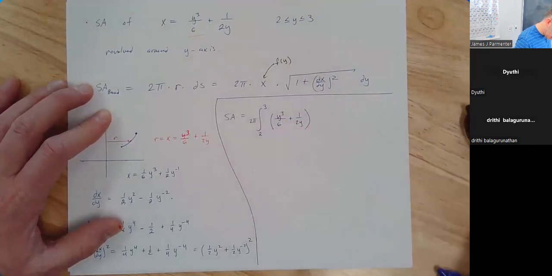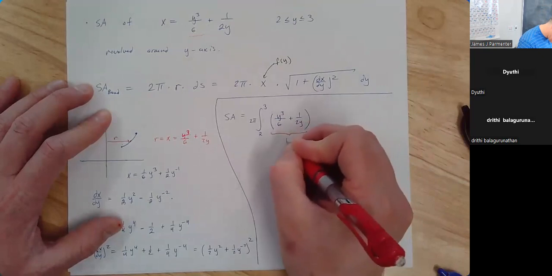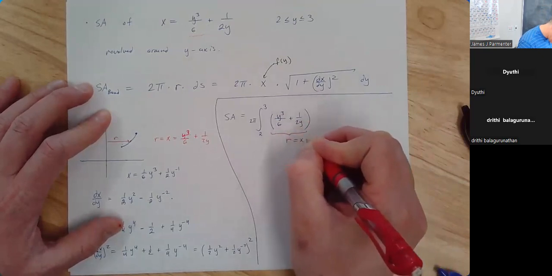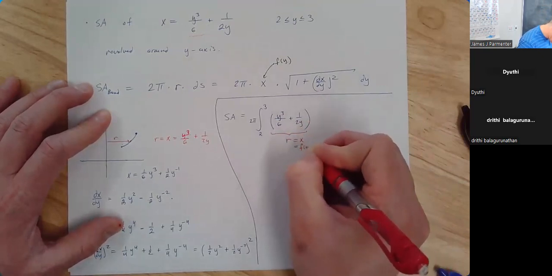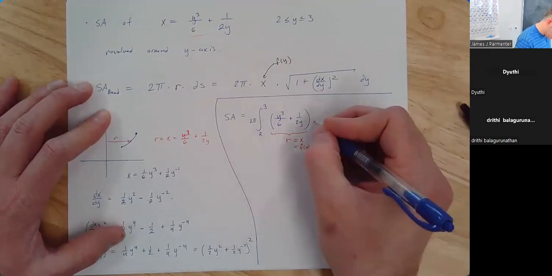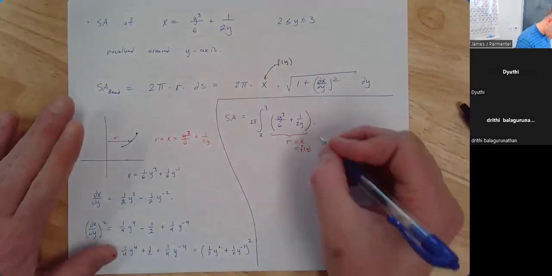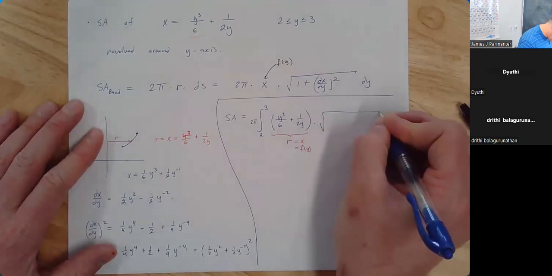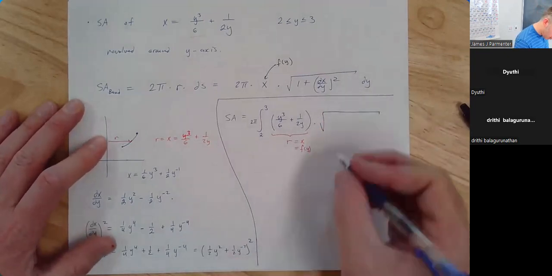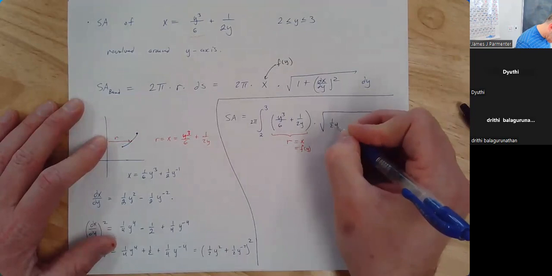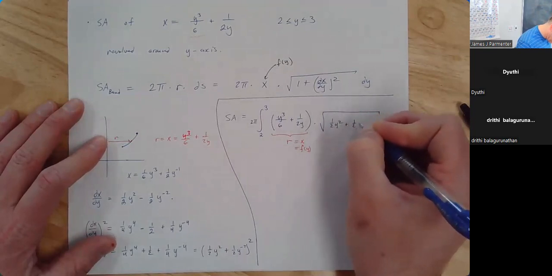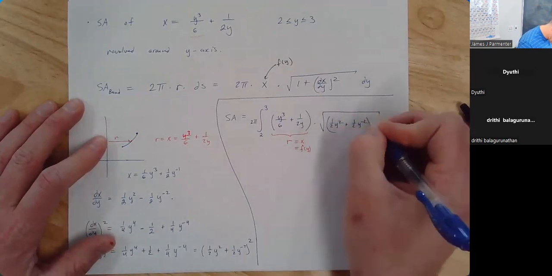That's my radius. And then times this whole ds mess, which is going to be the square root of this thing here: 1/2 y squared plus 1/2 y to the negative second, quantity squared.